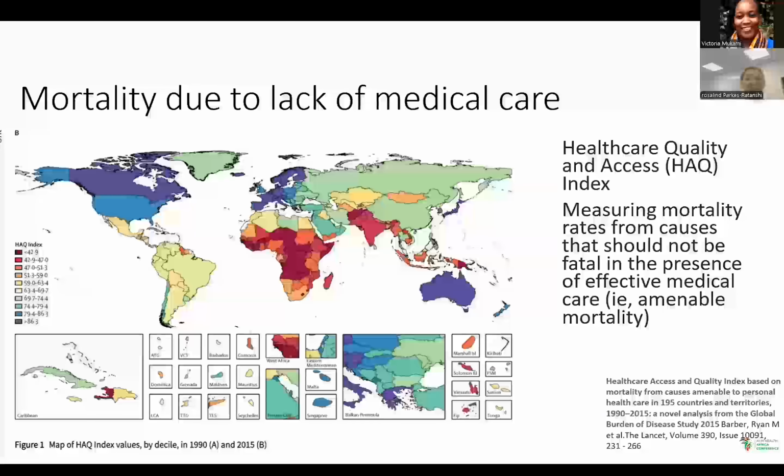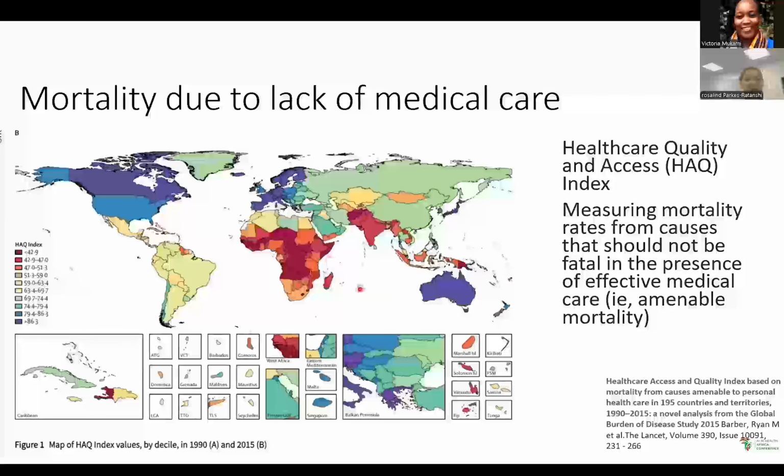It's measuring the mortality that happens purely because of lack of effective medical care, not because of any other factors like temperature or disease burden or genetics. This is really trying to extract out the healthcare. And what we see is that there is a huge amount of inequality.